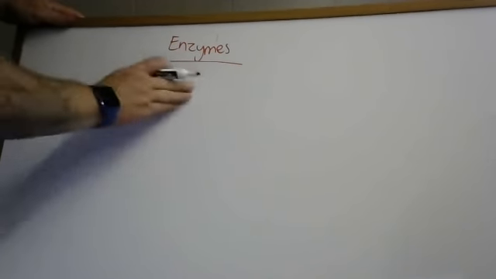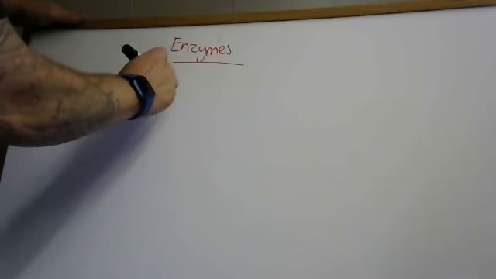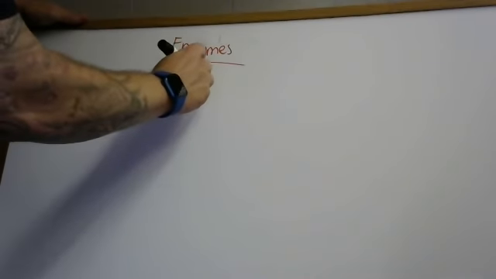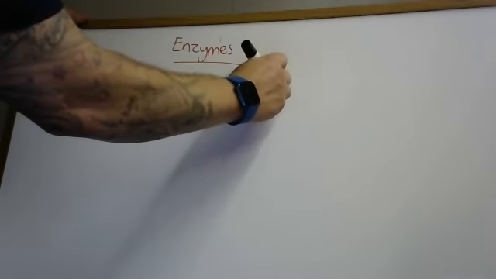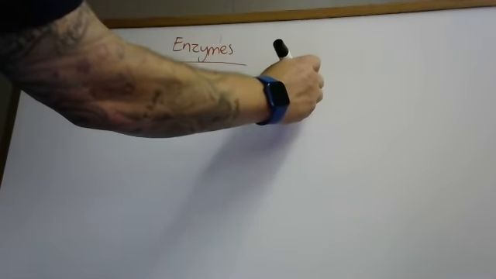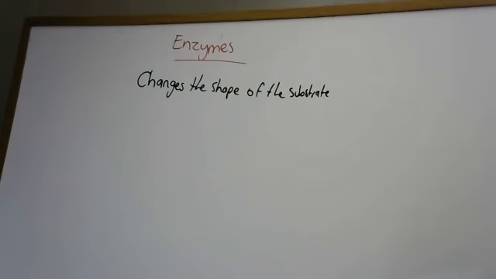And all the enzyme does, when it binds, is change the shape of the structure, which allows the reaction to occur at a faster rate, or, as we know, it lowers the activation energy.